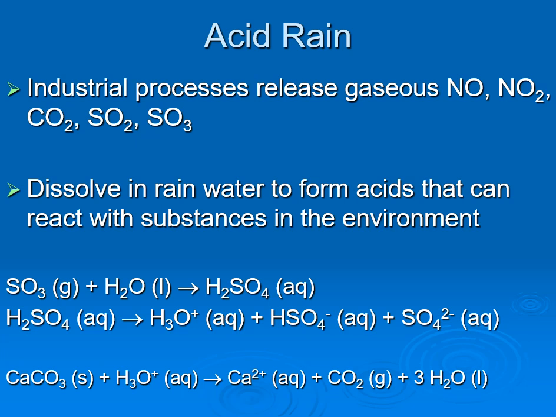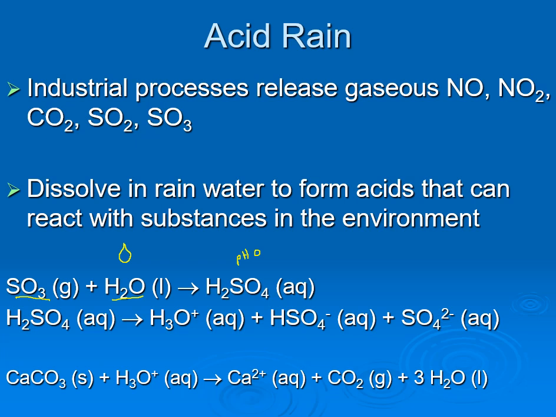So let's consider down here, we have sulfur trioxide, a gas, reacting with water, and this would be in the atmosphere, like a raindrop. So when we react it together, what do we make? Holy smokes, sulfuric acid, which has a pH of almost 0. This is nasty stuff.